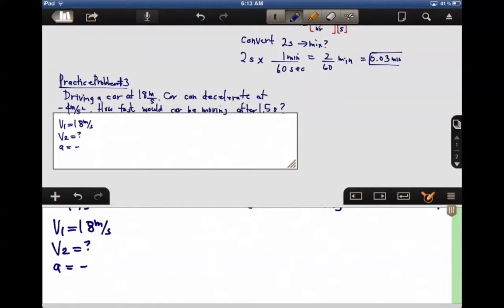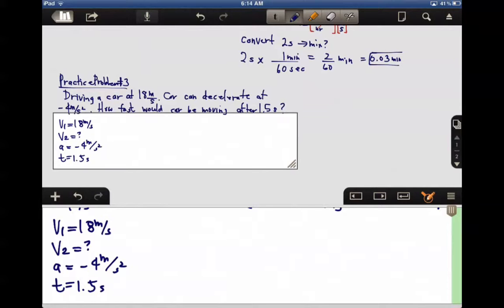A is negative 4 meters per second squared. If you're having trouble in the language of the problem figuring out what is speed and what is acceleration, look for the unit. Acceleration always is seconds squared, or has 2 time units, hours and seconds, versus velocity just has 1 time unit. And we're told we have 1.5 seconds.